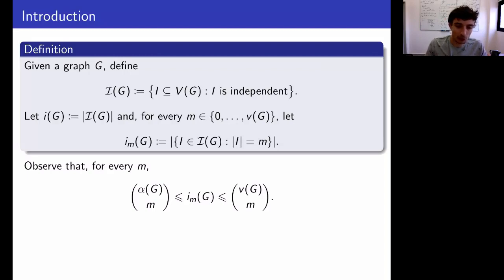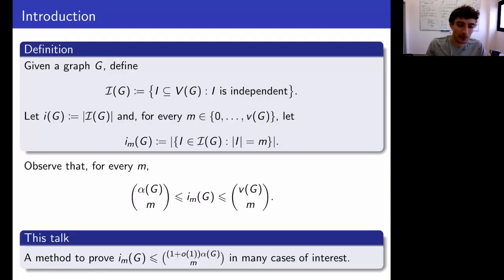Now what I'll talk about today is a way of improving this trivial upper bound, and the method I will present can, in many interesting scenarios, match the lower bound given by considering all m-element subsets of a largest independent set. I'll present a few examples.